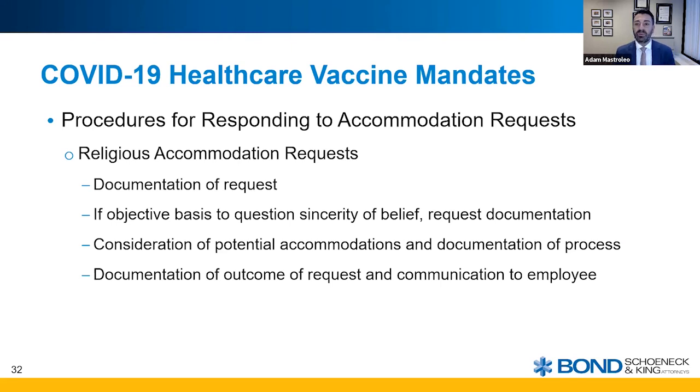The state didn't do healthcare employers any favors because it said that healthcare employers could provide accommodations to religious requests. However, those accommodations had to remove the employee from the definition of personnel in the regulation.